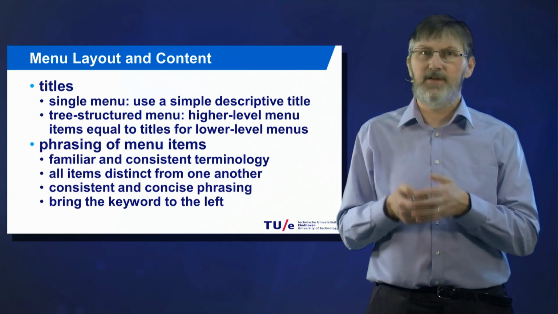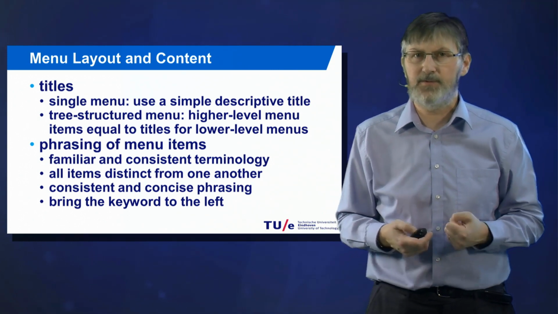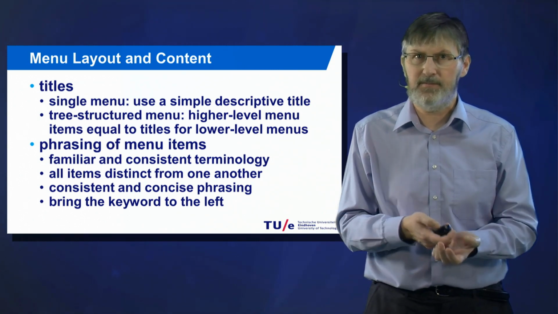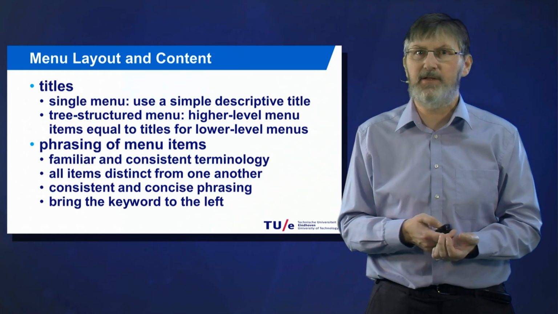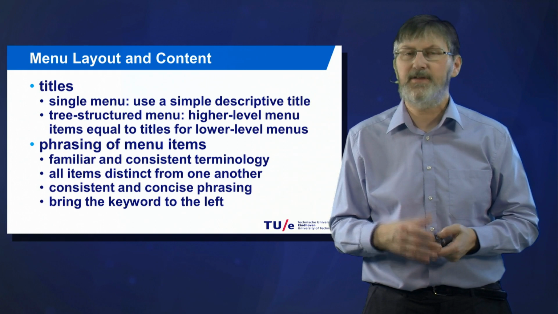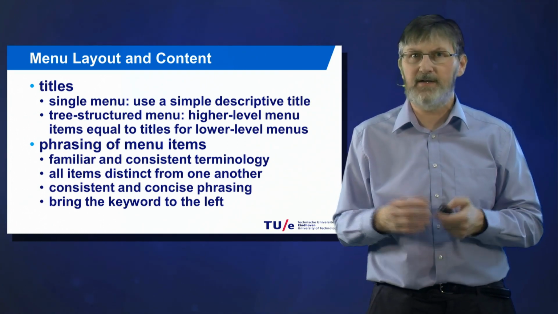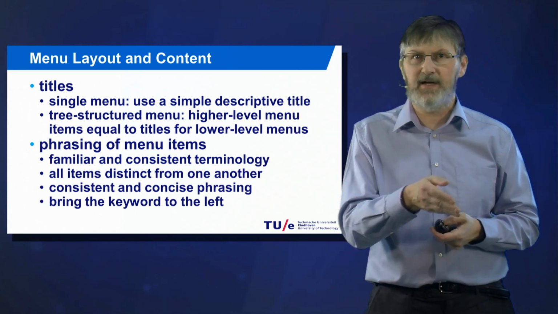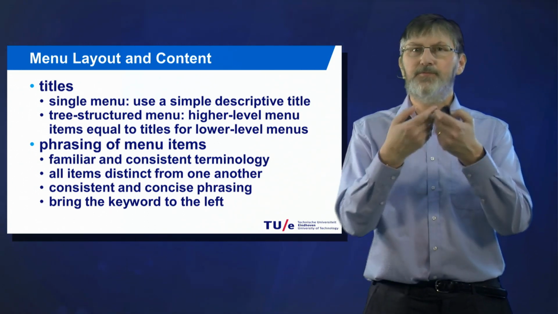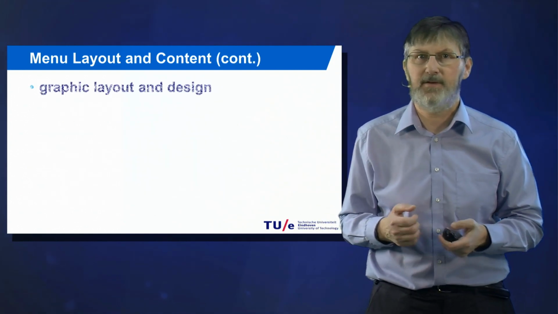Also, when there is an important keyword that characterizes what we want to do, it should be the first word in the menu item, even though in a normal English phrase it may not be the first word. If we want to open a file, we may want to say file : open, because you first want to see it's about a file and then see the action it applies to.